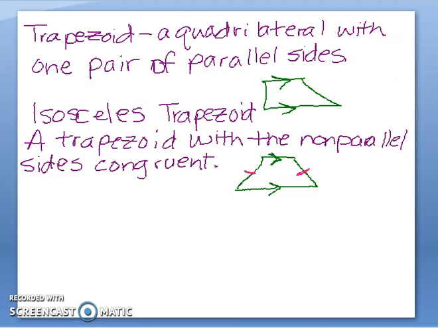Okay. The next thing I need to go over with you is called a mid-segment. And just as the name implies, it's a segment in the middle.